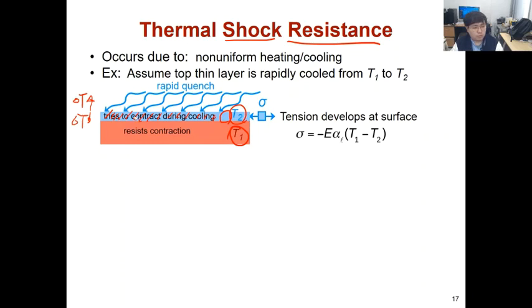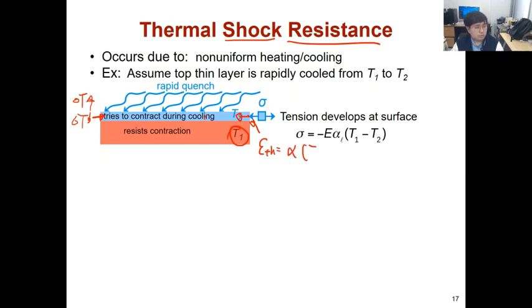When we assume rapid cooling down, that means this surface part experiences rapid shrinkage, but the substrate part keeps its initial length. The surface wants to shrink, but this substrate catches the upper surface part. That means they cannot shrink, but they want thermal strain.